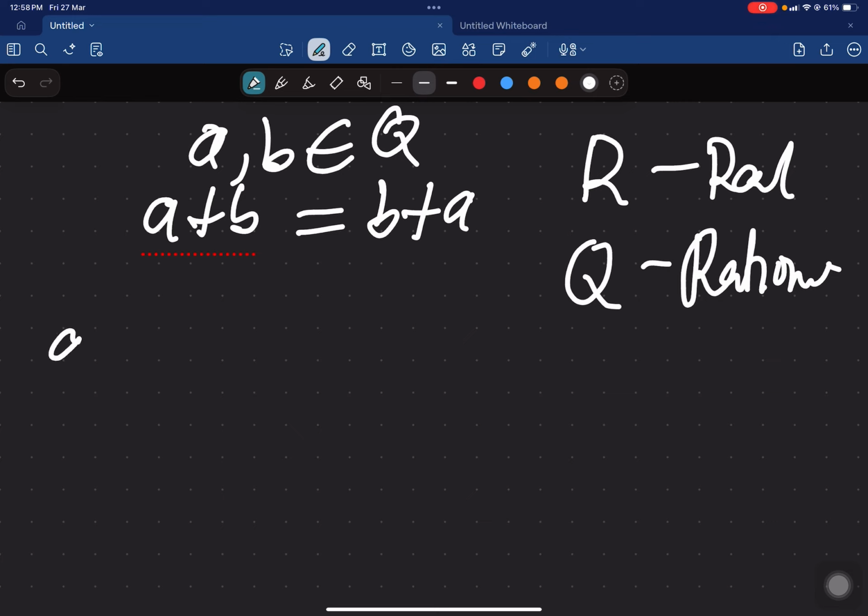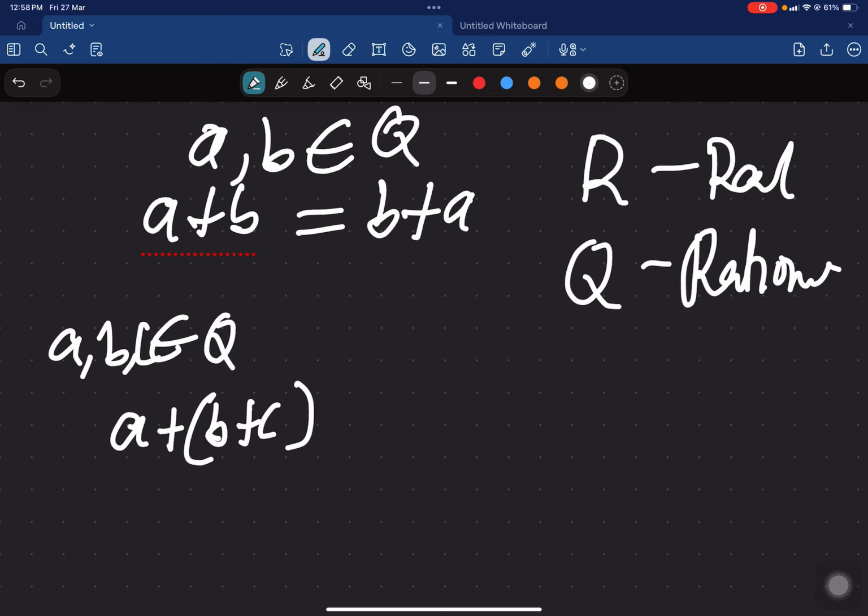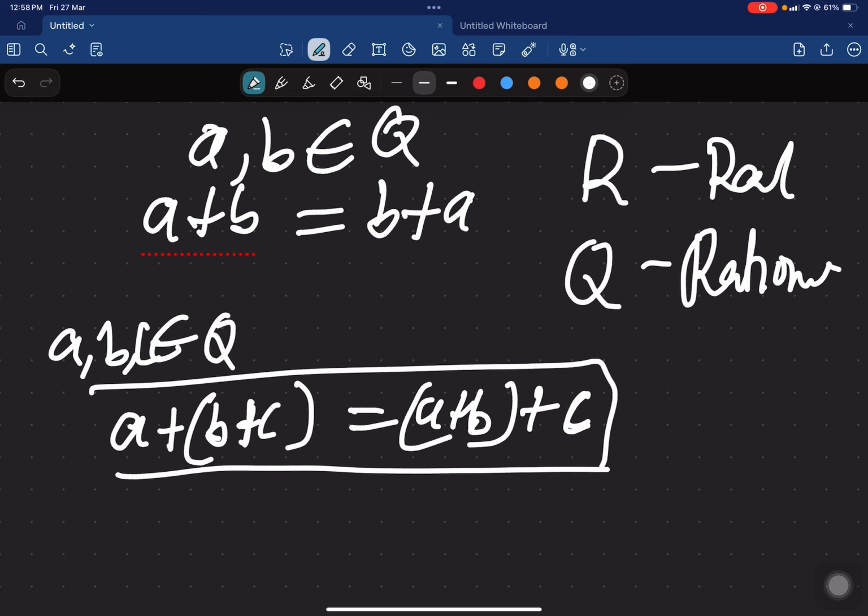So when we have a, b belonging to the set of rational numbers, then for a third one, let's say c, for the associative property in addition, a plus (b plus c), so we are adding a to the result of b plus c, should give us the same thing as (a plus b) added with c. So these two should be true for the set of rational numbers. So any three at all that you take from the set of rational numbers, this operation should be true.